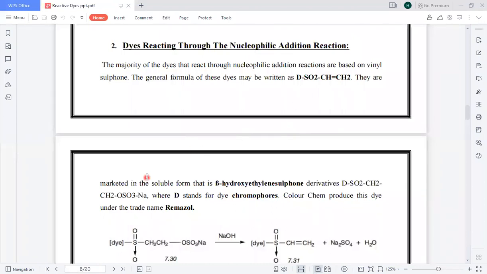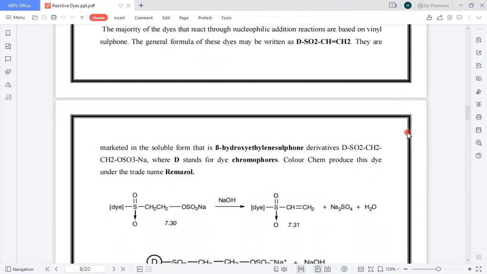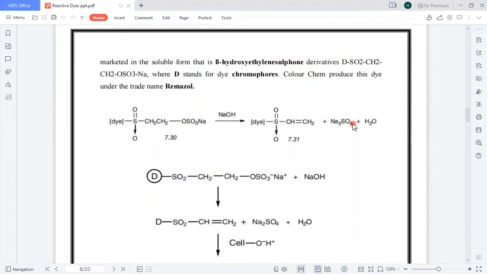They are marketed in the soluble form, that is beta hydroxyethyl sulfone derivatives, where D stands for the chromophore that gives color to the dye, and they are sold under the trade name of Remazol. Basically, vinyl sulfone dyes are masked in the beta hydroxyethyl sulfone derivatives, and they are treated with alkali before treatment to the cellulose.